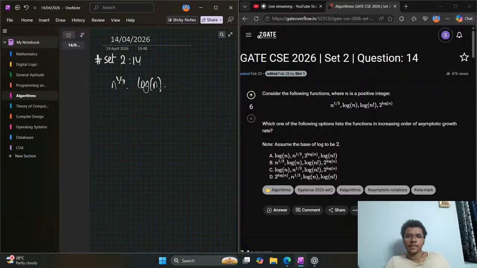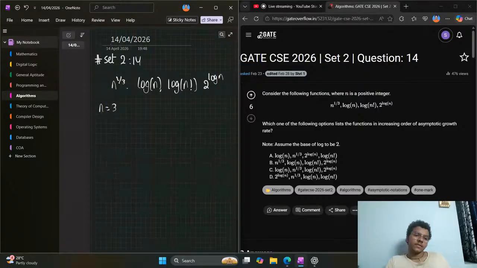I assume it to be based on log of n factorial, 2 to the power of log n. Let's do n equals 3, n equals 5, n equals 10, and let's see the values, right?